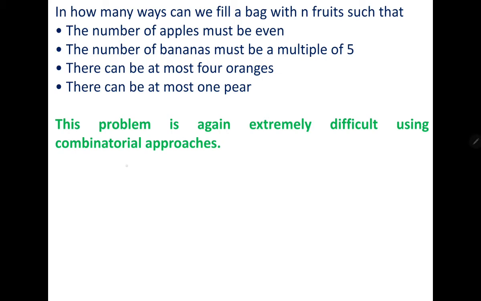So the generating function is, for an even number of apples, 1 plus x square plus x4, and so on. Bananas must be a multiple of 5, so 1 plus x raised to the power 5, and so on. Oranges go till x raised to the power 4, and pear gives 1 plus x.